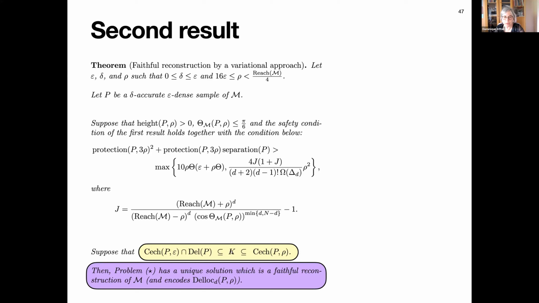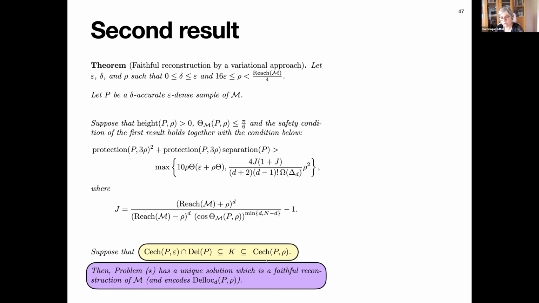So first, how is K defined? We just need K to be large enough to contain the Delloc complex. So it suffices, for instance, that K contains the Čech complex of P at scale epsilon, that is the set of epsilon-small simplices of P. And you can intersect it, for instance, with the Delaunay complex of P. Also, K must not be too large.